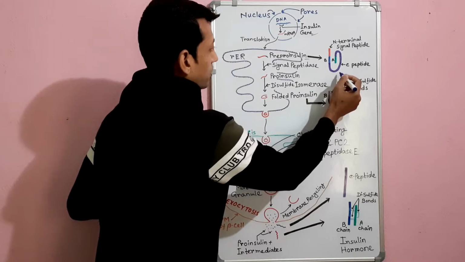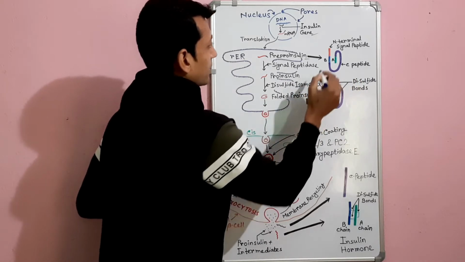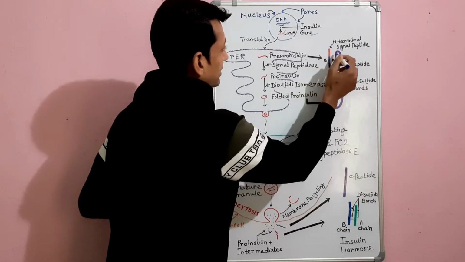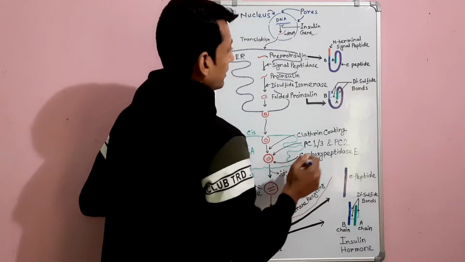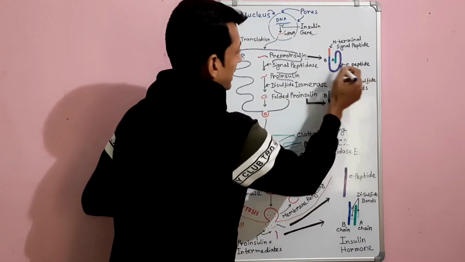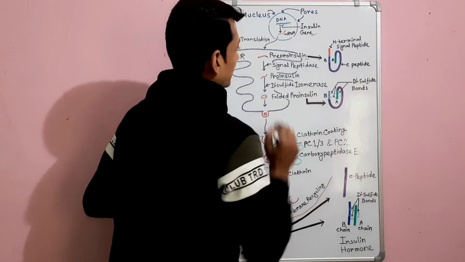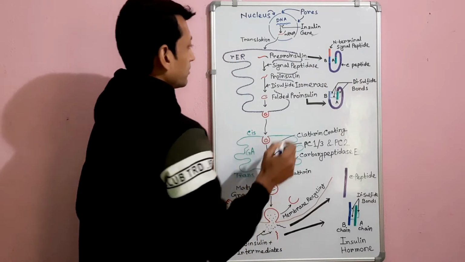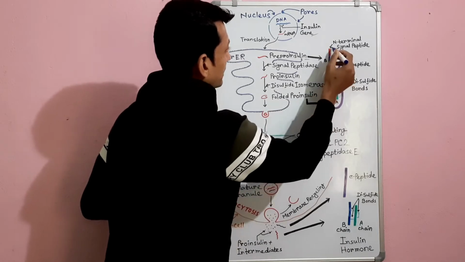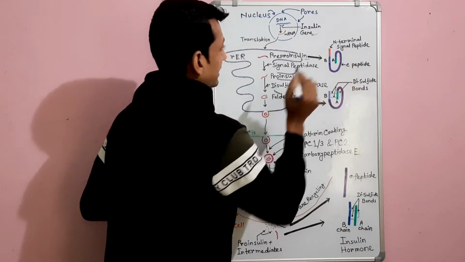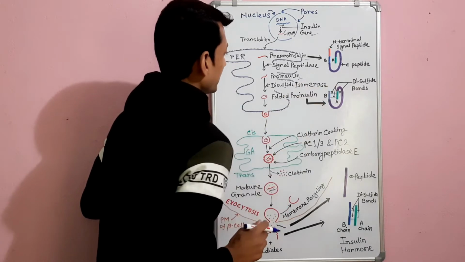This pre-proinsulin has 4 regions: an N-terminal signal peptide, a B chain, a C peptide region, and an A chain. Now, signal peptidase enzyme removes this N-terminal signal peptide. As a result, proinsulin is formed.